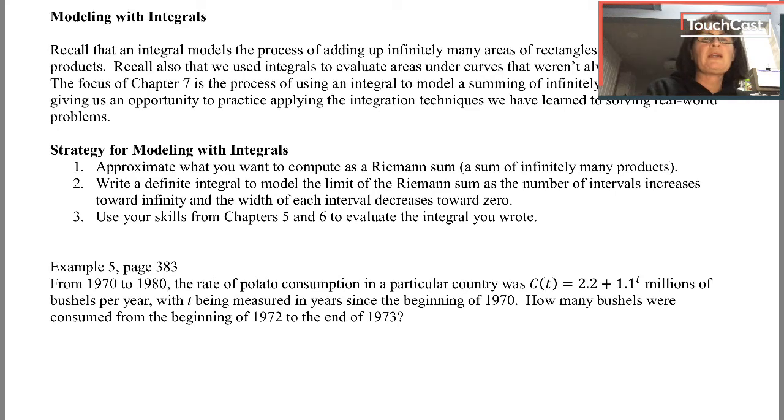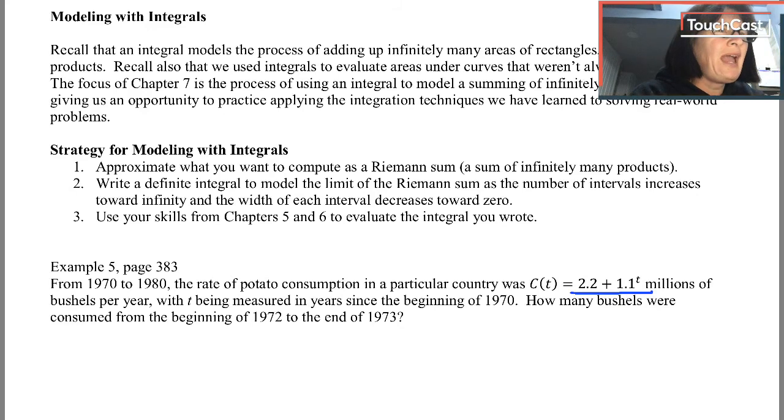This one's from your textbook. If I know the rate at which potatoes are consumed in some country, can I find the total number of potatoes that are consumed over some time period? So imagine this. This is the rate at which potatoes are consumed, and that's measured in millions of bushels of potatoes per year.